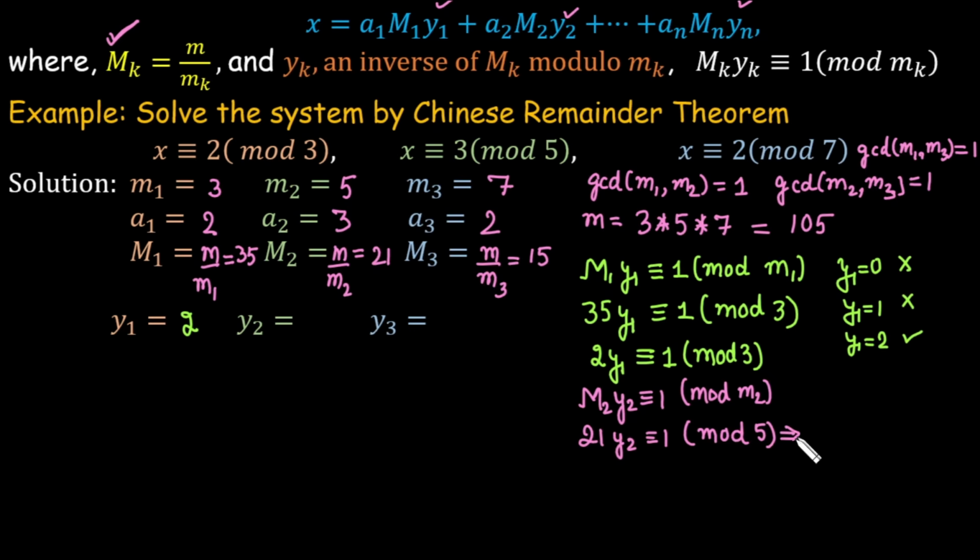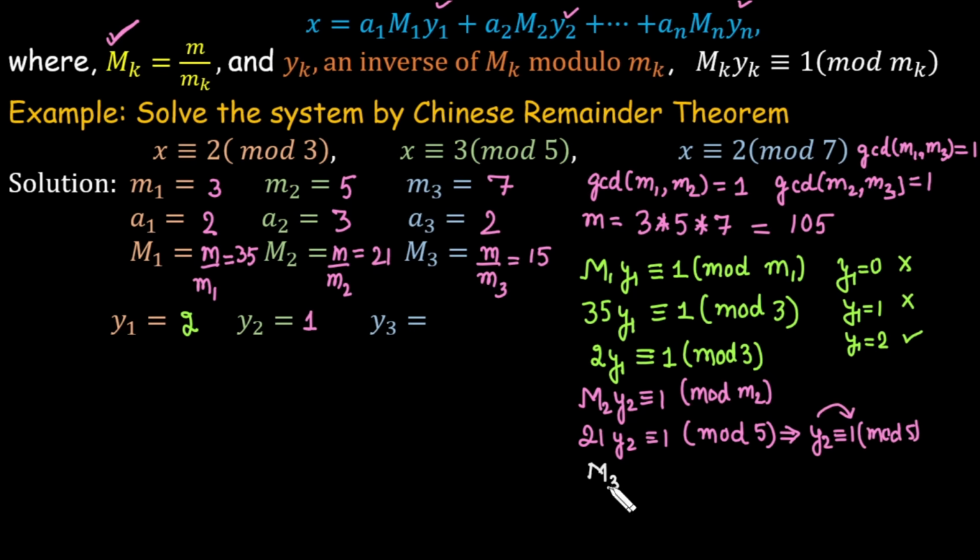So instead of writing this, we can write y2 is congruent to 1 mod 5. When we are simplifying this, sometimes we get a direct value of the variable, and in this case the variable value is 1. Because 1 cannot be divided by 5 and its remainder is 1 itself.